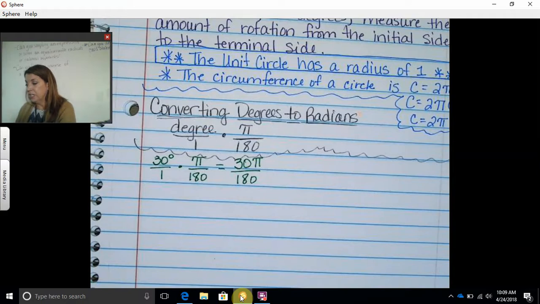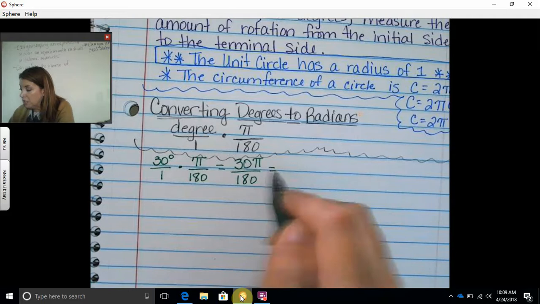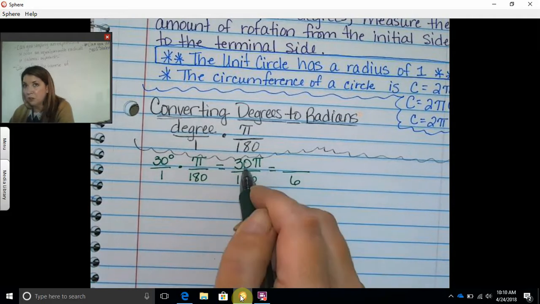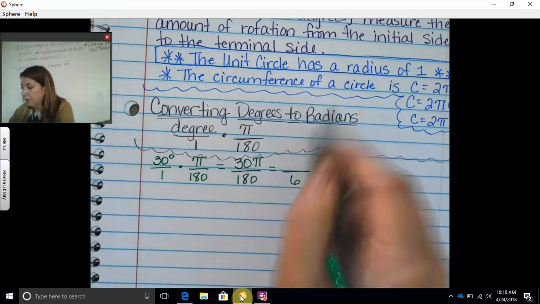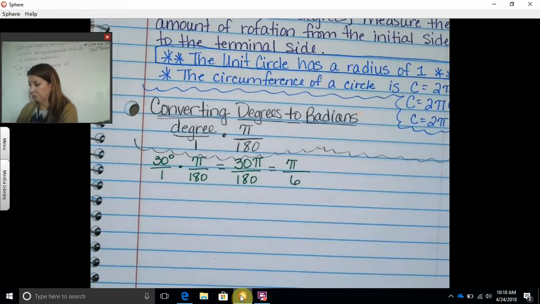Can we reduce 30 and 180? Does 30 go into 180 evenly? Yeah, how many times? 6 times. So 30 goes into 180 6 times. 30 goes into 30 once. So 1 times pi is pi, right?